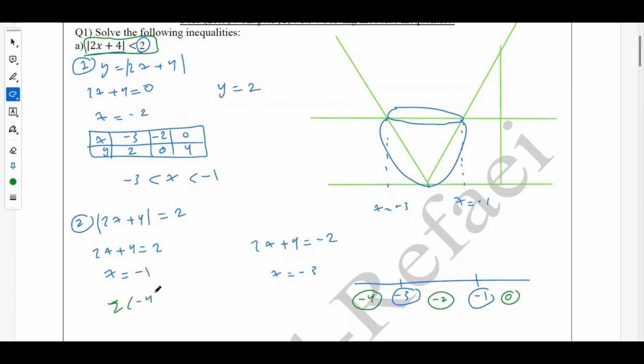Let's start. 2 by negative 4 plus 4 less than 2. Negative 8 plus 4 is negative 4, modulus 4, less than 2? So this gives me an incorrect inequality.